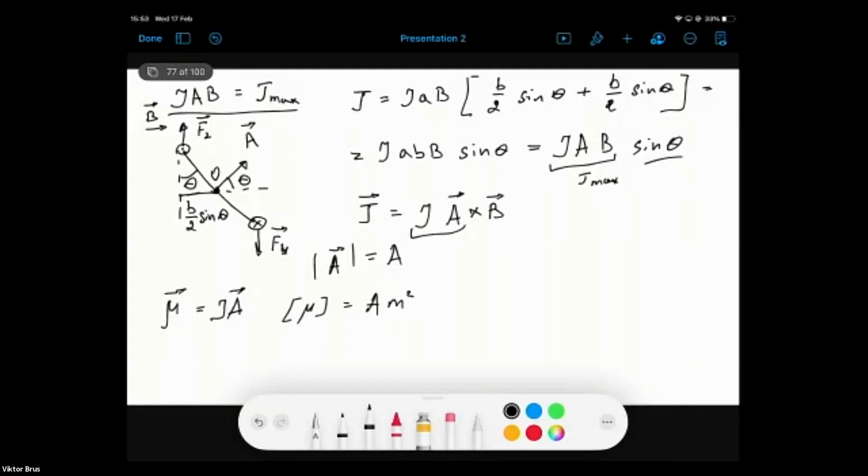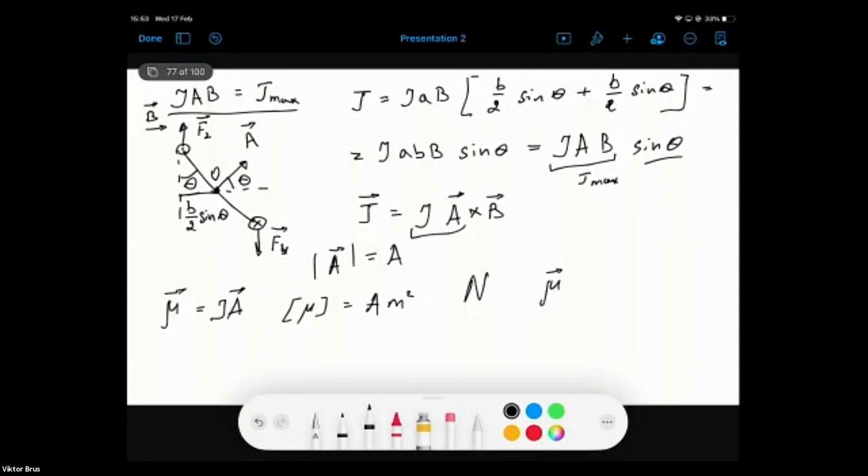So if, for instance, we have not just one loop, but some coil with many loops, let's say n loops, then this magnetic dipole moment can be given as follows.